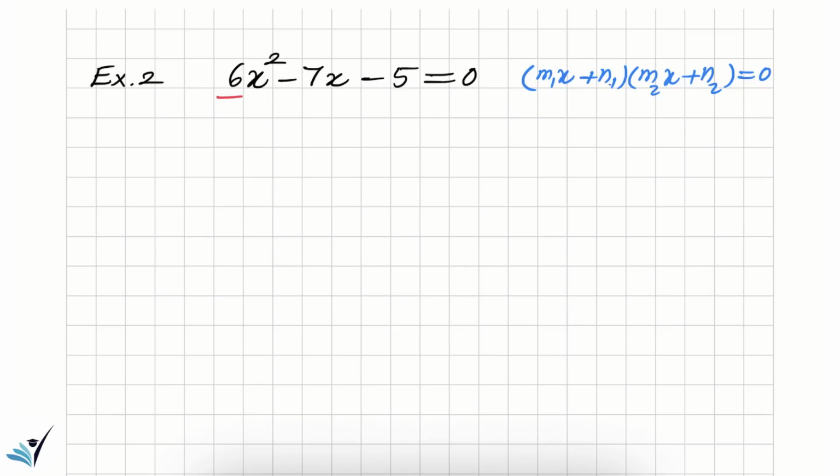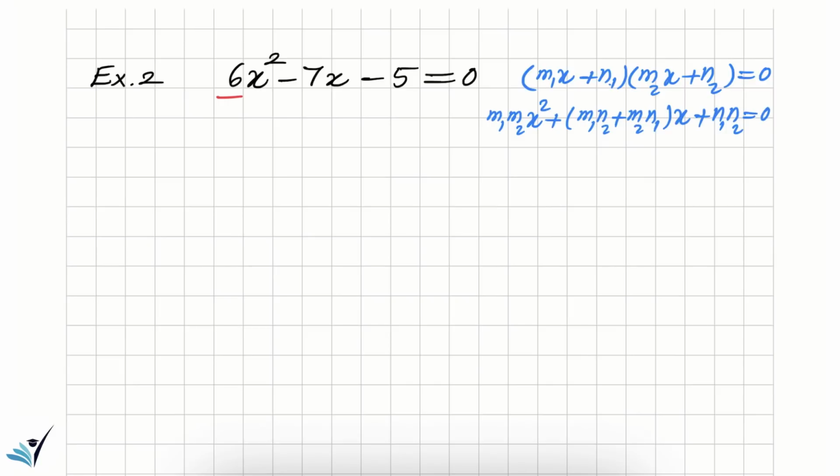And if we use distributive property to do the multiplication, we would get m1 m2 x squared plus (m1 n2 plus m2 n1) times x plus n1 times n2 equals 0.